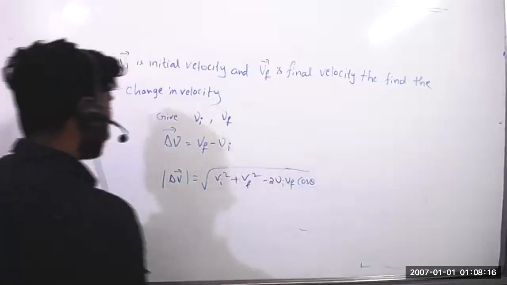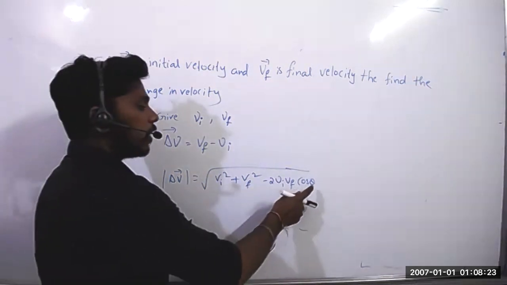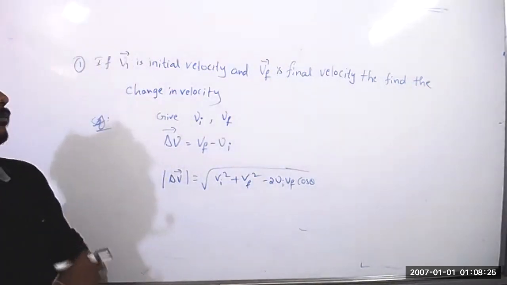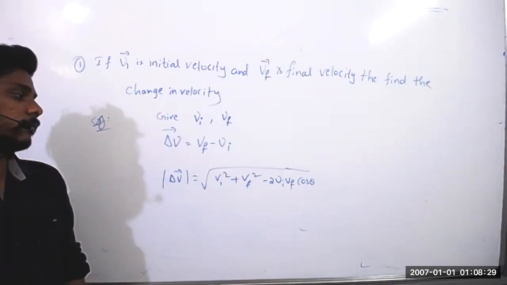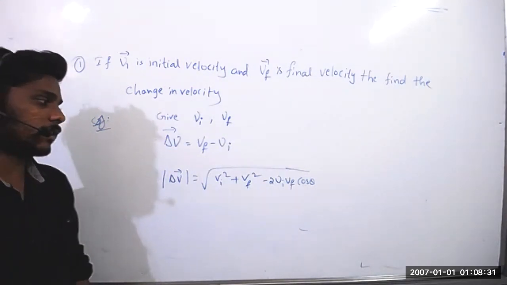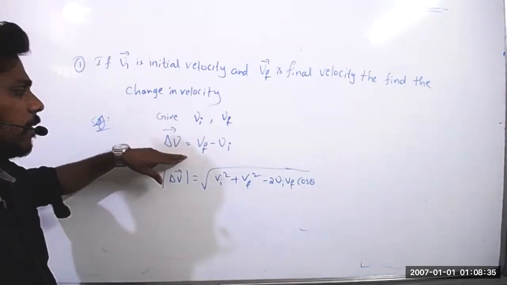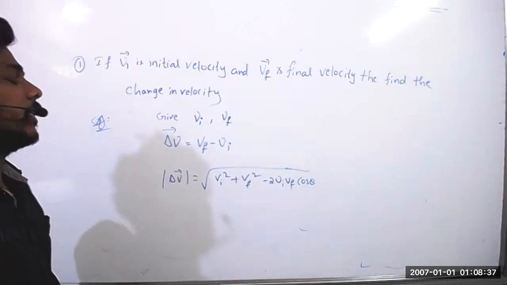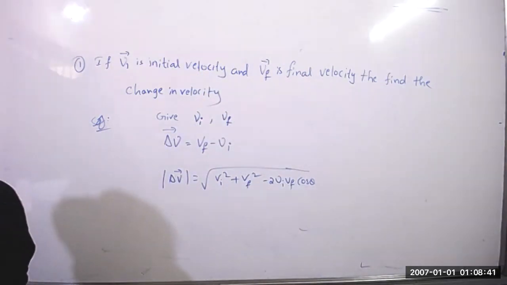This is only the magnitude, right? This theta is between the final velocity vector Vf and Vi, the initial velocity. Understand clearly? Change means we have to remember final minus initial. Okay? Yes, sir.